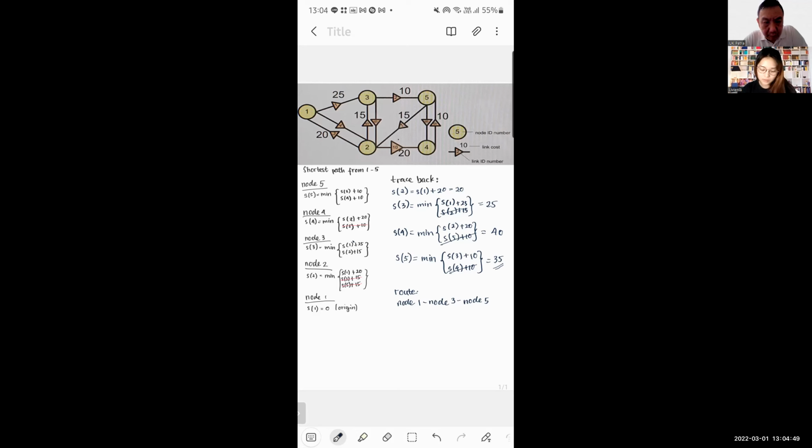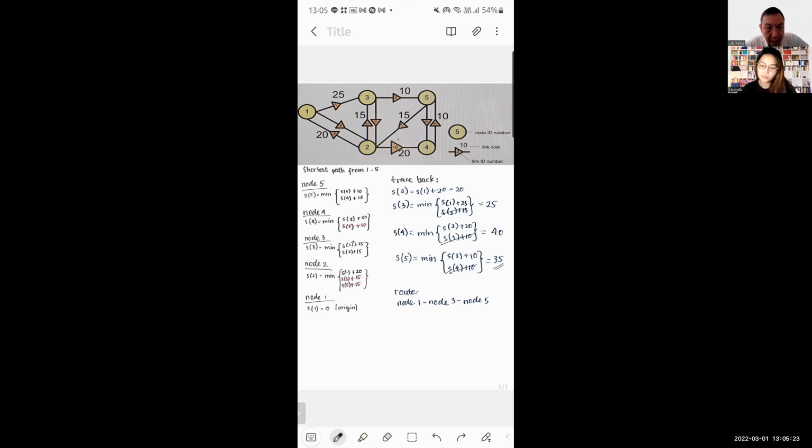It's the same, we are looking for the minimum value. So the first one is S1 plus 20, S3 plus 15, and S5 plus 15. So we eliminate S3 and S5 because they go back to the original node. And for node 1, it's the origin, so S1 is 0.